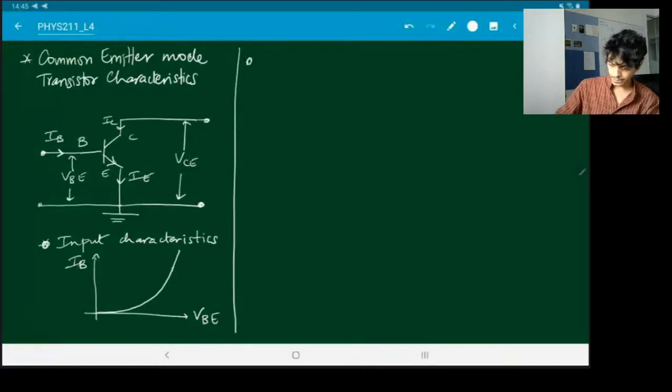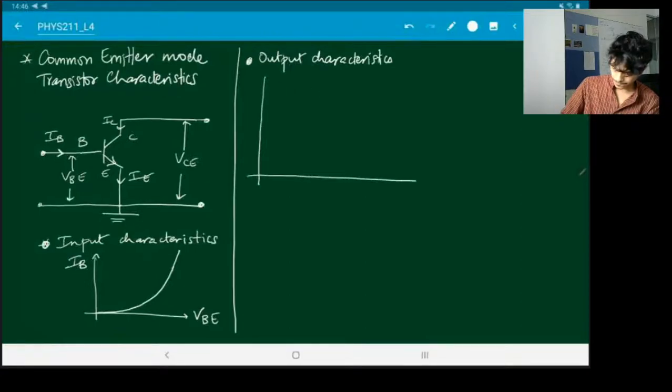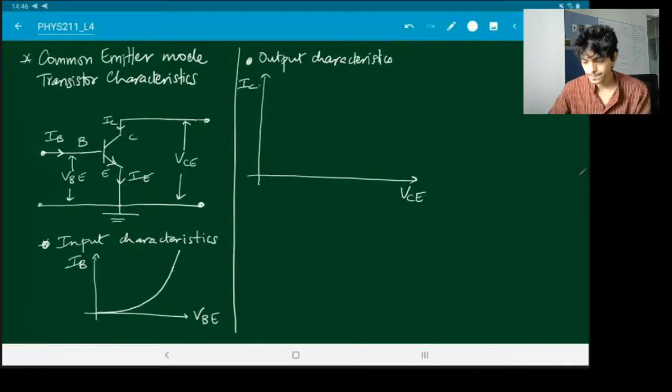And what do the output characteristics look like? So this is now across the collector and the emitter. So VCE versus IC. Now this depends on how much the base current, IB, is.